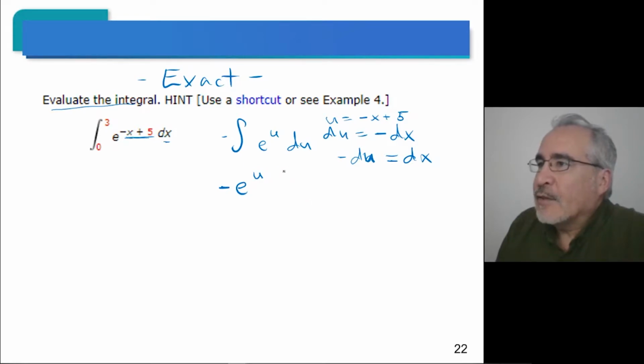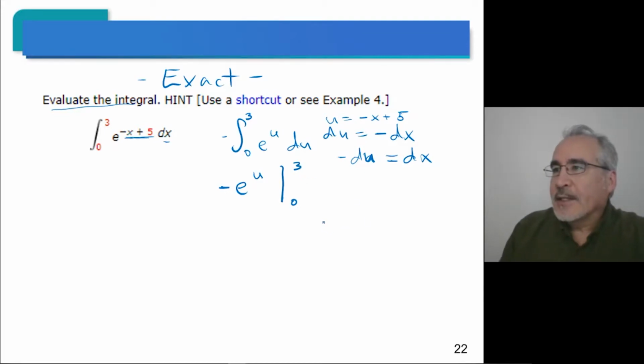And then again, instead of doing the plus c thing, we're going to put the limits of integration. I should put them here too, but you can get a little sloppy from time to time. So that's our limits of integration. But remember, these limits are in terms of x, and what we have is in terms of u, so we need to back substitute, is what I call it.